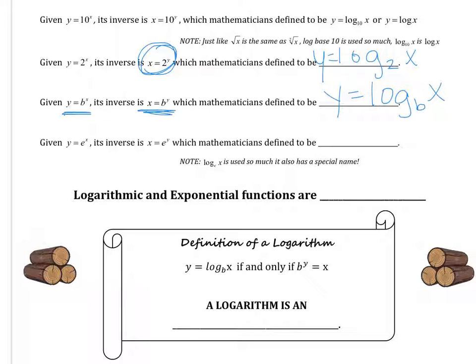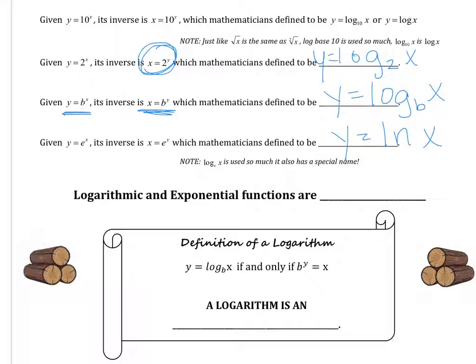And then finally, given y equals e to the x, e being the natural base, if we invert x and y, we get x equals e to the y. That's the inverse. And mathematicians gave this a special name as well, and we call this ln of x. And ln is just the natural log.